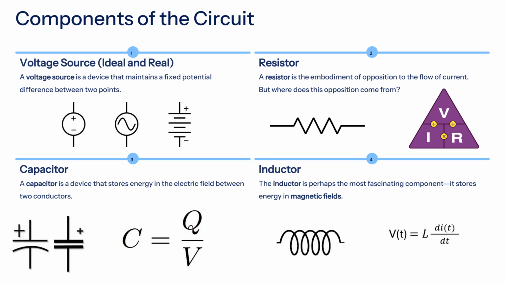This behavior is captured by V equals L times di/dt, where L is the inductance. It's like inertia for current. A sudden change in current produces a large voltage, like slamming the brakes on a moving car. So inductors are essential in smoothing out current, storing energy temporarily in magnetic fields, and enabling oscillatory circuits.